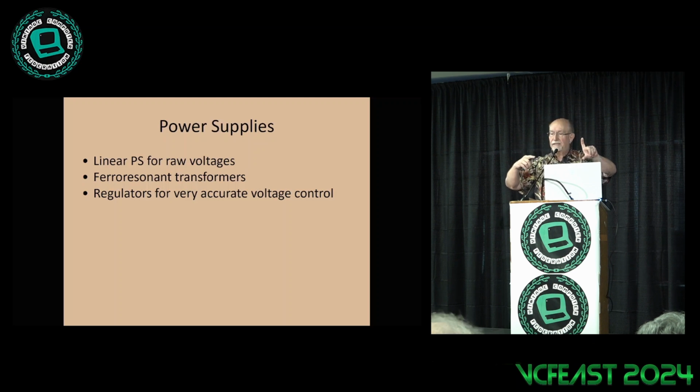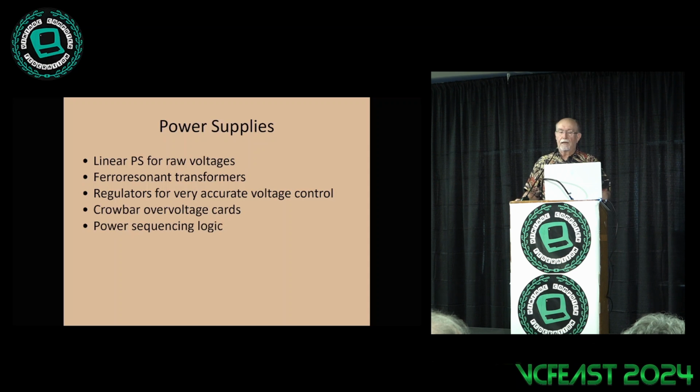And the value of that is if the building electricity goes up or down, it doesn't change what's coming out of the other end, because the transformer core is already saturated, so it can't add any more oomph if the voltage goes up. So nice way to get a mostly regulated, say 48 volts for a solenoid. So you'll see a lot of those ferroresonant transformers in this generation.